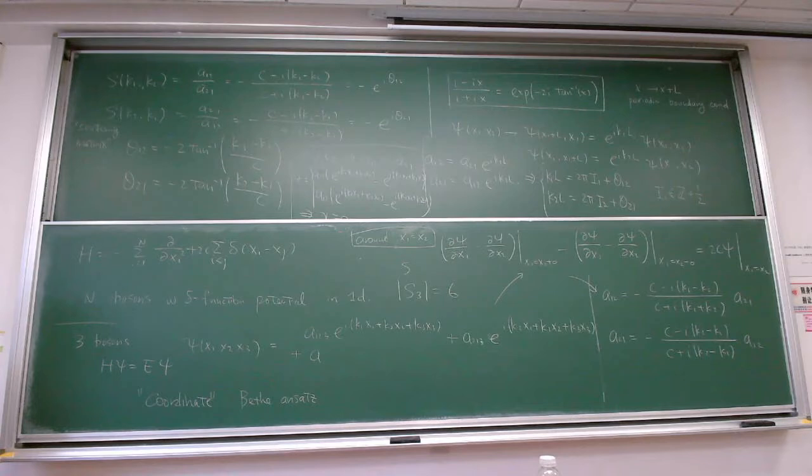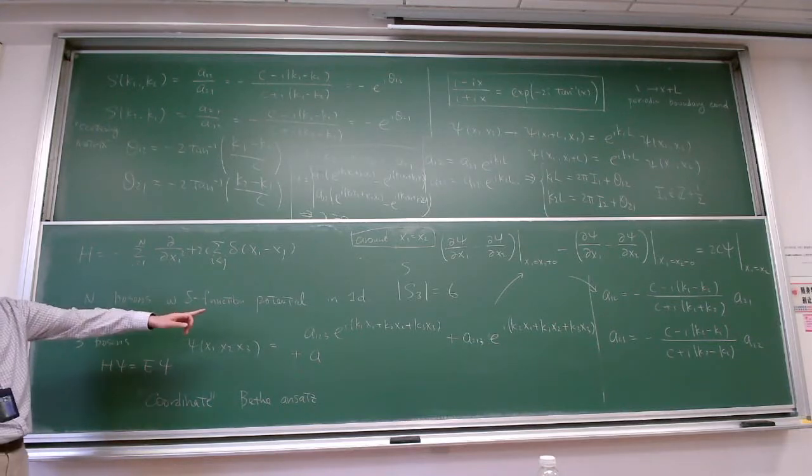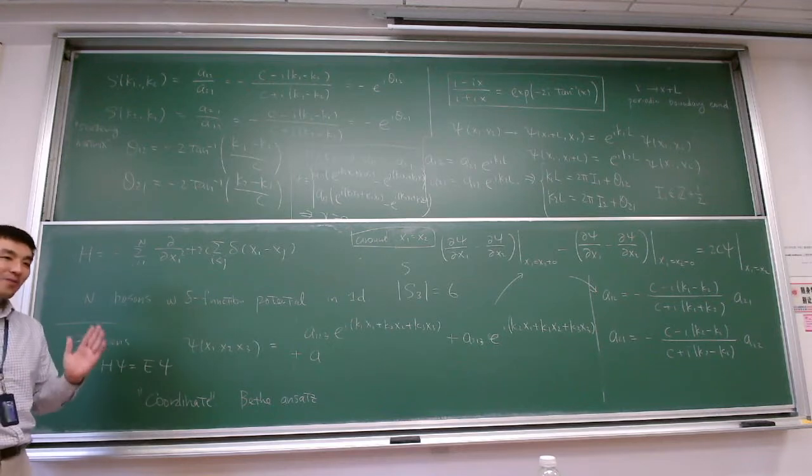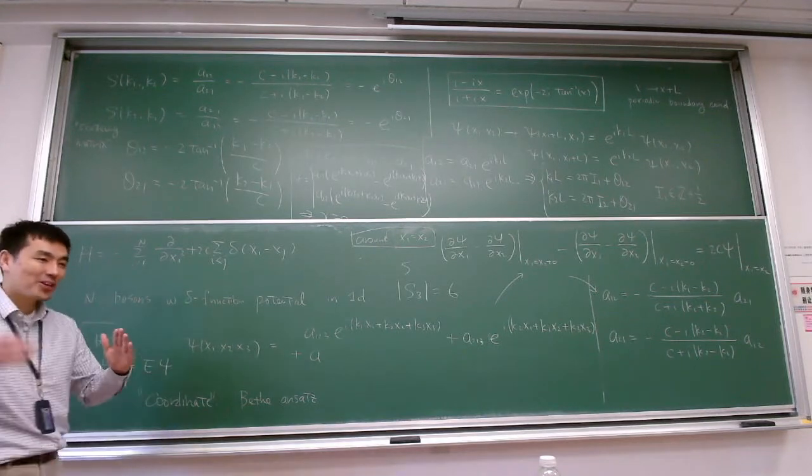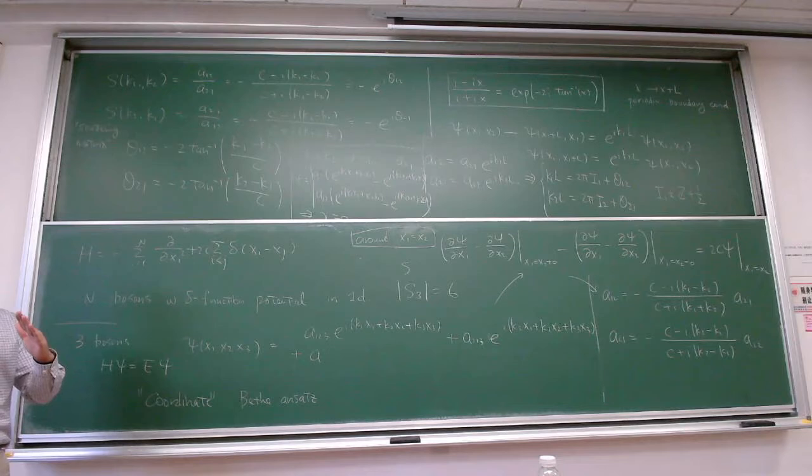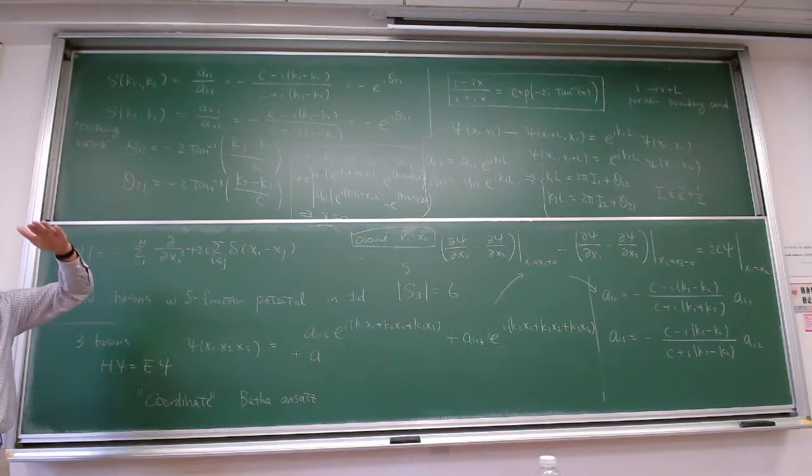How can we see it from this definition? I already erased it. A12 is where particle 1 has a k1 momentum and particle 2 has the k2 momentum. A21 is the opposite. The ratio should be the probability between the scattering.